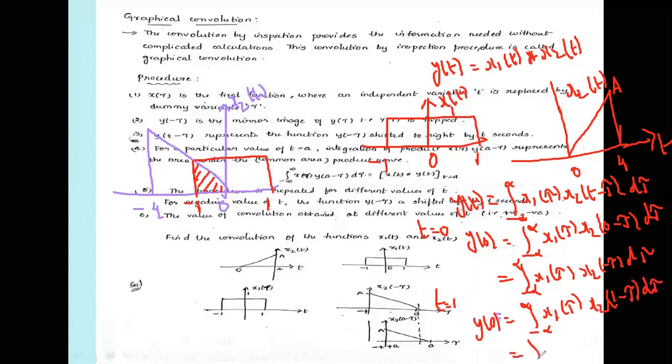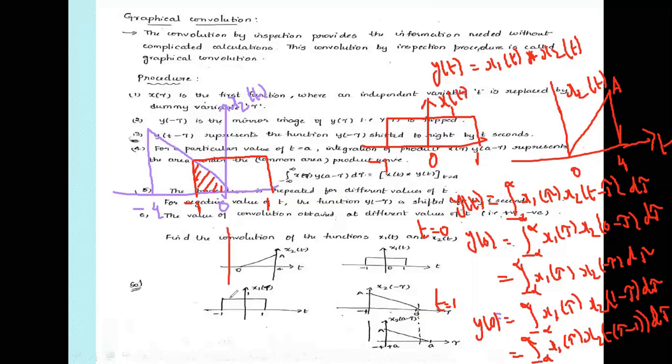Means the folded function is shifted towards the right side by one sample. So x1 of tau, x2 of, take the minus common, tau minus 1, d tau. So x2 of minus tau, the 1 value is there, minus of minus is 1. The folded function is shifted to the right side.